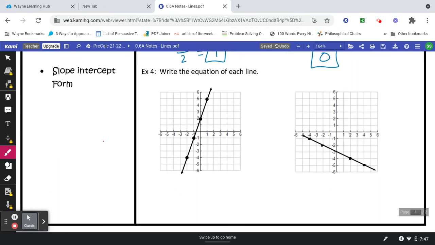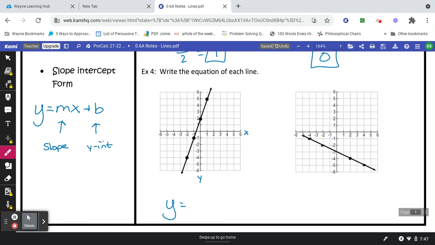Right? Example number 4 is asking us to write the equation of the line. So we want to write these in slope-intercept form. Y equals mx plus b. M is your slope. B is your y-intercept. And remember, y is always the one that points to the sky. X-axis goes across, y-axis goes up and down.